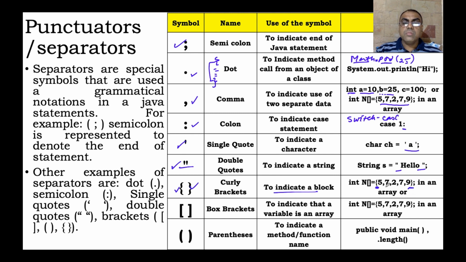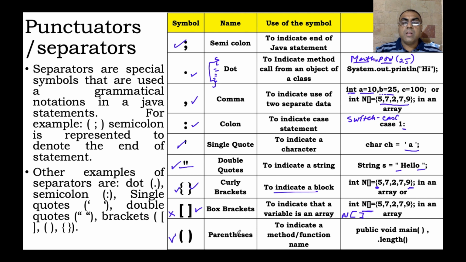Box bracket, for 9 standard, is of no use, but for 10 standard, when you declare an array, you use the box bracket. So 9 standard can safely leave this, but 10 standard you need this.